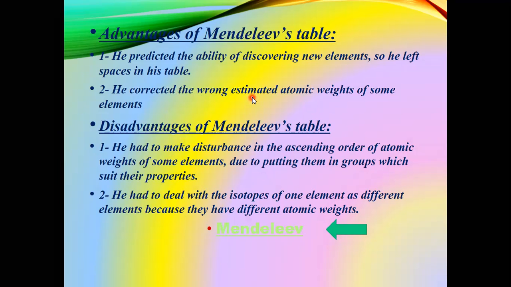C13 يبقى 6 protons لكن 7 neutrons. C14 يعني 6 protons و 8 neutrons. يبقى the difference between them is in the number of neutrons. هما same element لكن different properties لأن different number of neutrons.